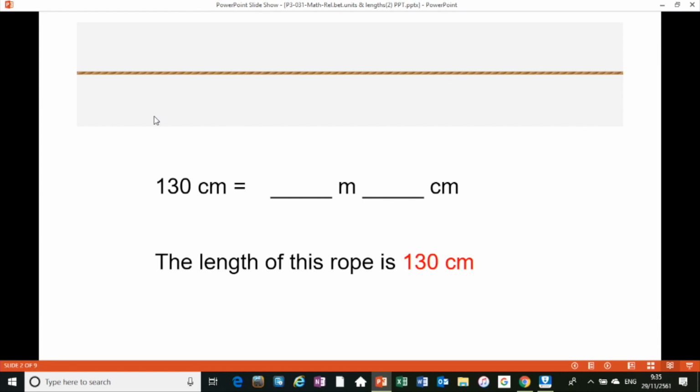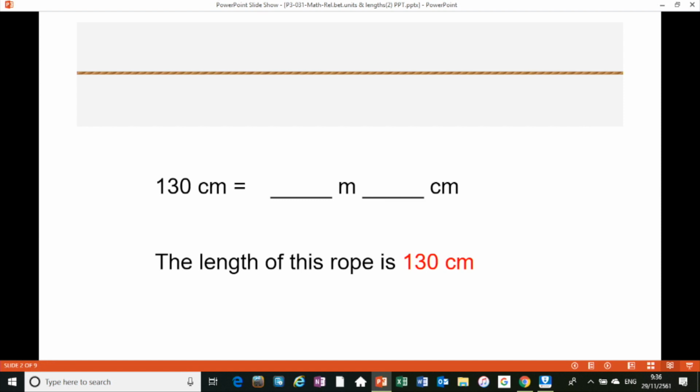We call a length of rope. The length of this rope is 130 centimeters. So now, if we break that down into meters and centimeters, what do we think?